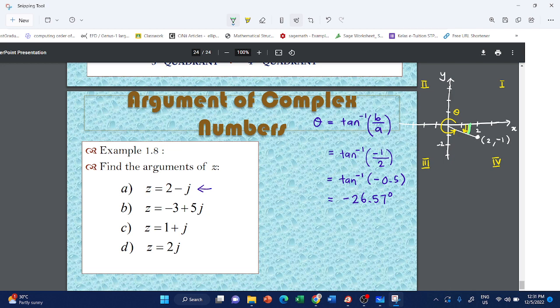Because it is within the range that has clockwise rotation. Clockwise, so the angle is negative. But actually the value of the angle is 26.57 degrees. But because this is following the clockwise direction, we put negative. Okay, so how do we get this theta, the yellow colored one?